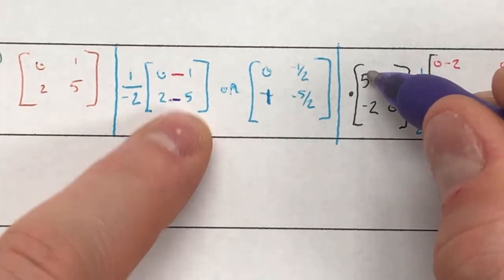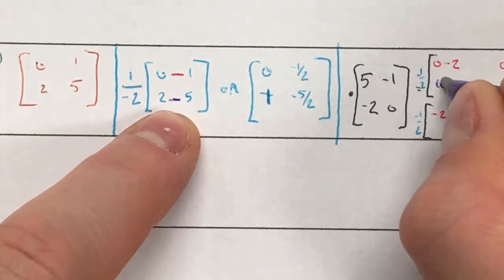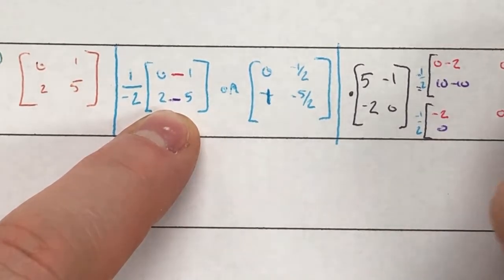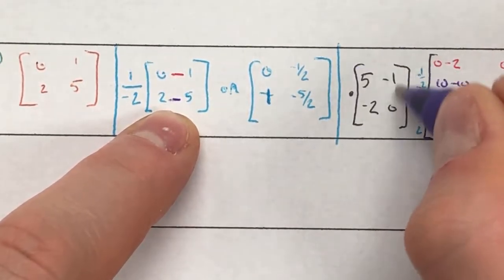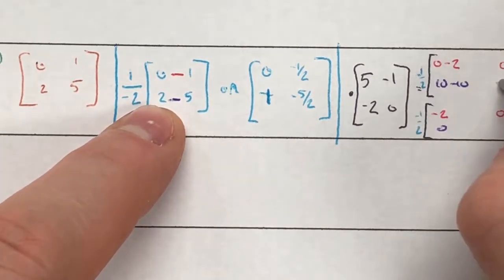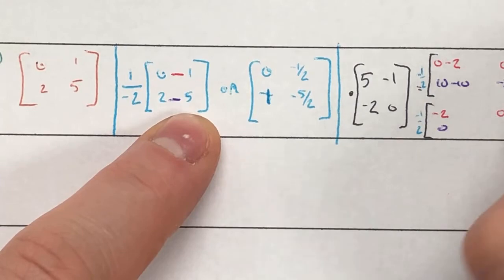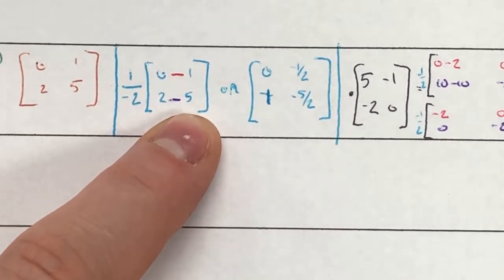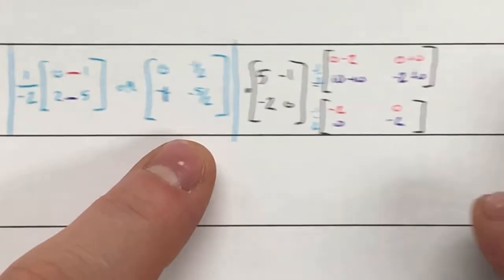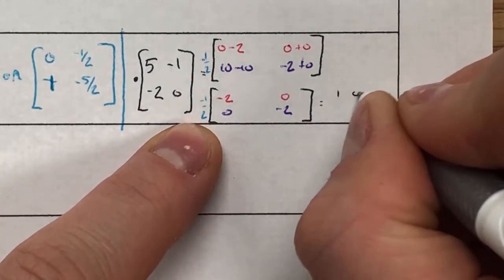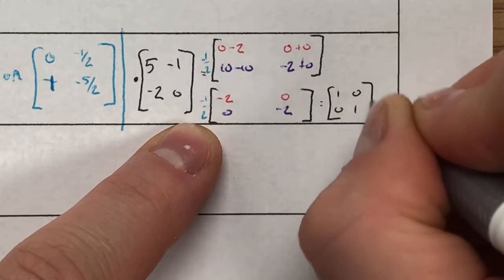Okay. So first, that's going to give us a 10 minus 10. In the second row, first is going to give us a -2, plus 0, -2. And if I force in my scale at this point, I will get a 1, 0, 0, 1.